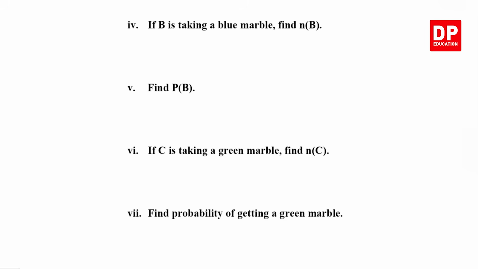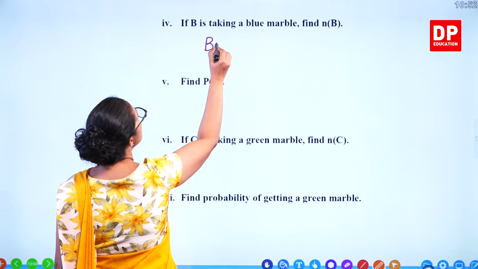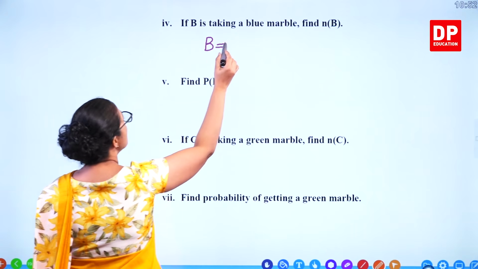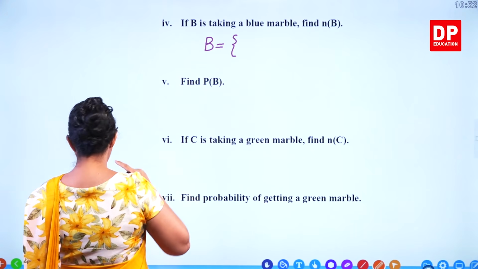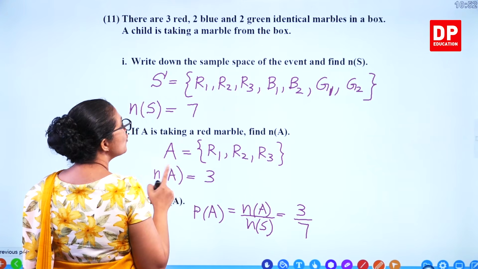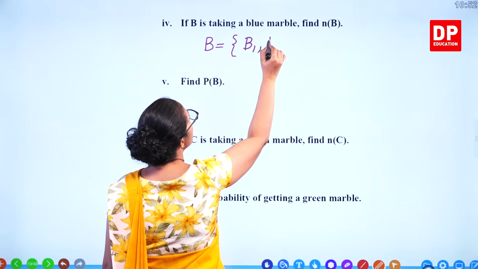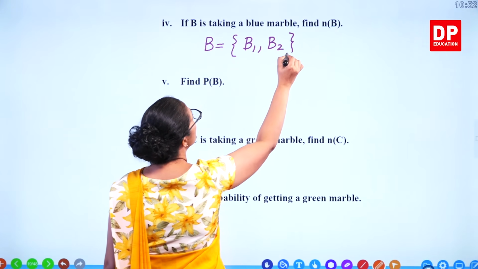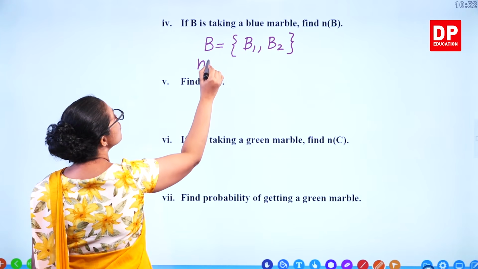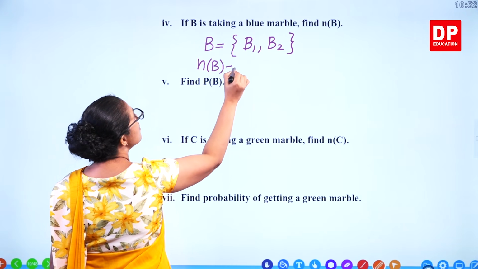If B is taking a blue marble, find NB. So what is the event B? Event B is taking a blue one. How many blue ones are there? 2 blue ones, B1 and B2. So the possibilities are B1 and B2. So altogether 2. So NB is 2.